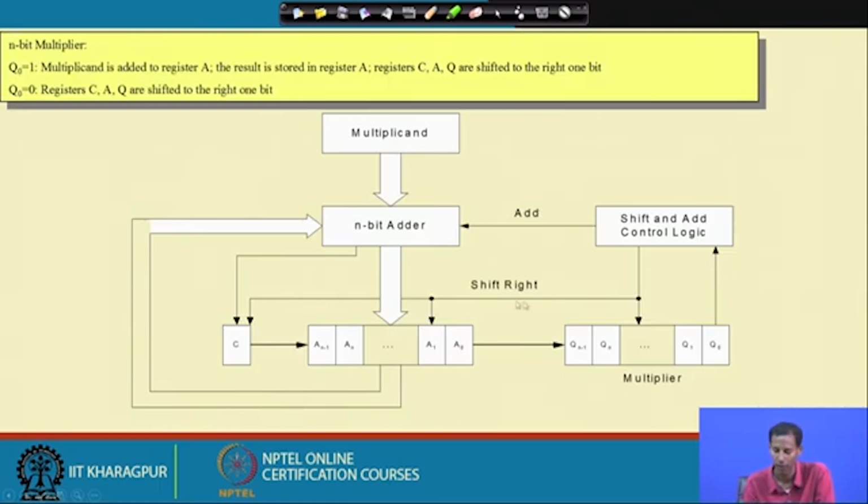So, here you see this is the multiplicand, then there is an n bit adder, and then there is this shift and add control logic. So, this is the corresponding A and this is the corresponding B, here it is considered as Q. Whenever this Q0 is checked in each of these steps, whenever it is 1, at that time it will follow the logic I discussed, and if it is 0, then it will follow different logic.